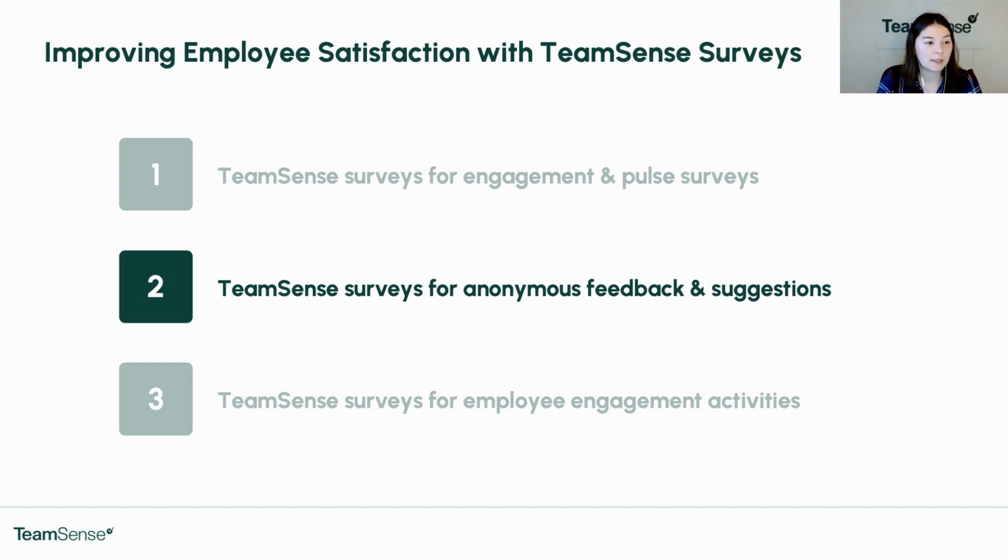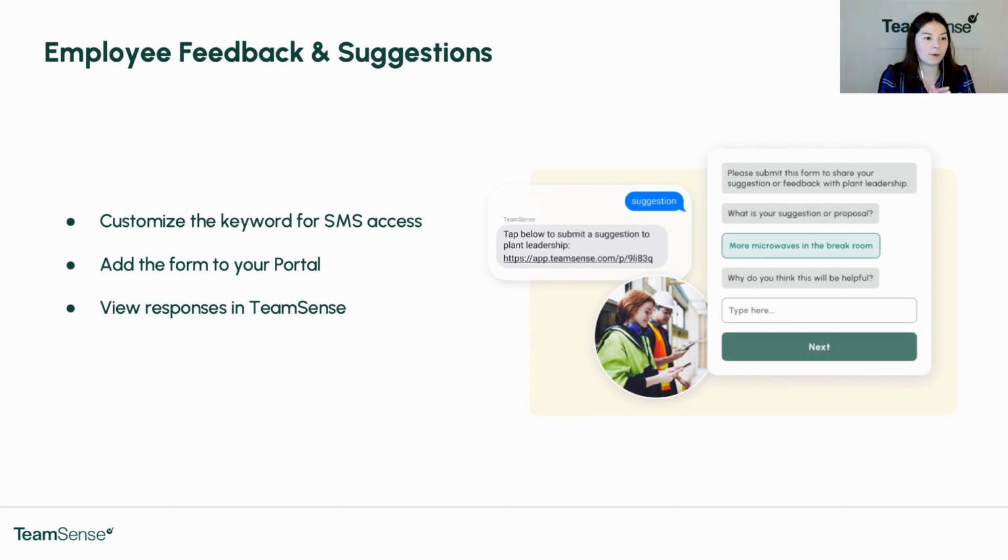What we just saw with engagement and pulse surveys was the organization pushing surveys out. What we're going to see here is the employee actually taking the initiative to go open a survey and fill it out. And so with this kind of survey, what we typically set up with customers is a couple different things. So one is we'll set up a text keyword.